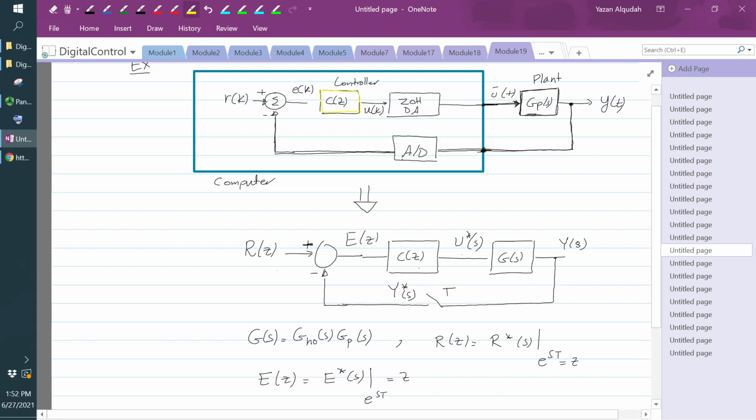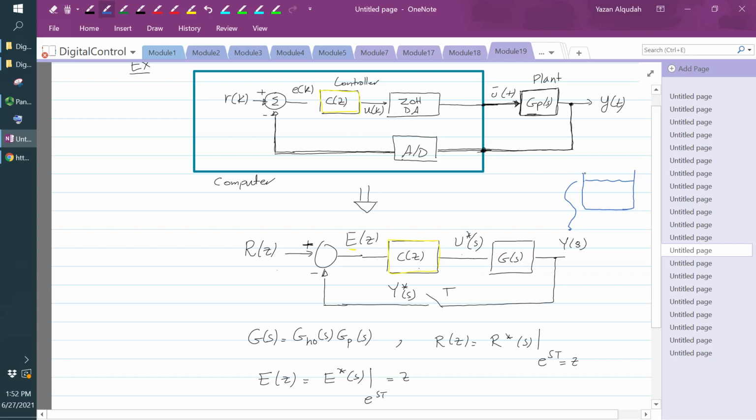Now one thing that we see here is I added this C of Z. What is the C of Z? This is my controller. What I'm trying to do is control the fluid level in a tank. This Y is going to give me the current level.